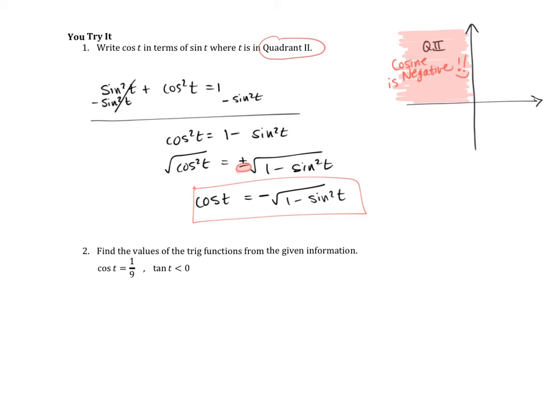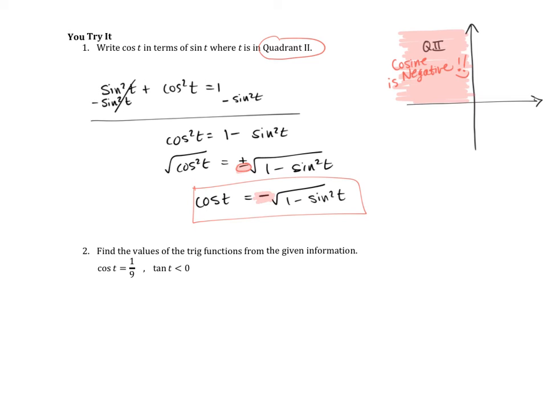Using that, you can subtract sine squared from both sides and then take the positive or negative square root, but be cognizant we're in quadrant 2, and since cosine is defined by the x values, which are negative in quadrant 2, we need to have this negative. Okay, good. So now work on number 2.